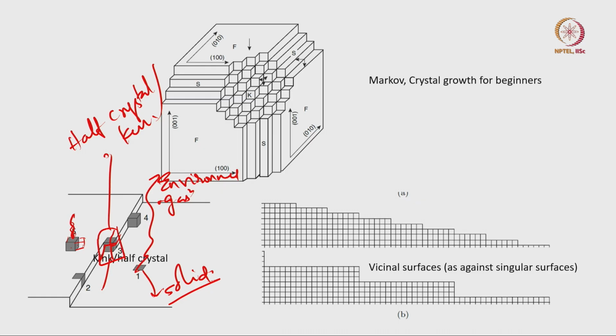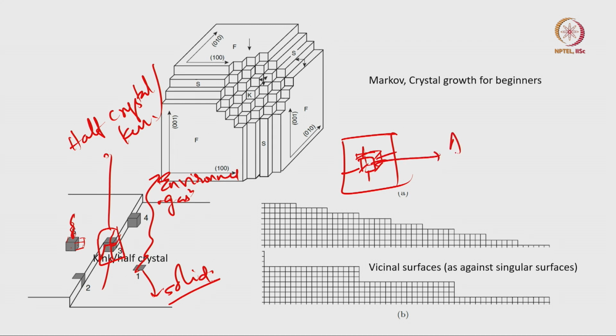So that is called a kink position, or a half crystal position, because for an atom in bulk, if I am looking at an atom in bulk, how many bonds does it have? It is bonded to 6 nearest neighbors.